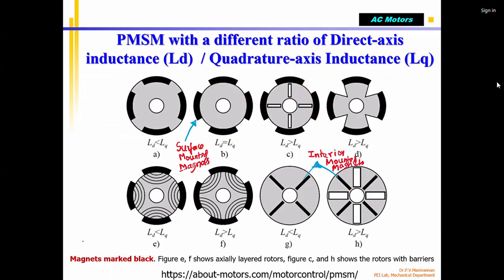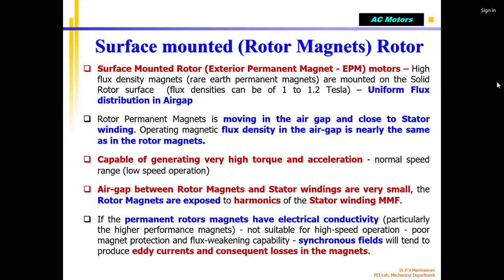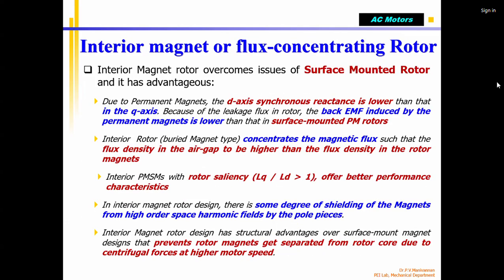Already we saw that. I wanted to explain the LQ to LD ratio, correct? We already talked about it frequently. The rotor saliency depends upon LQ divided by LD. LQ is the quadrature axis inductance. LD is the direct axis inductance.